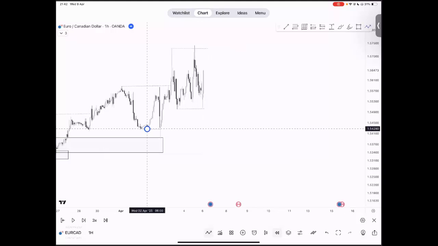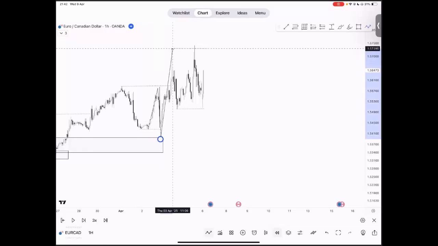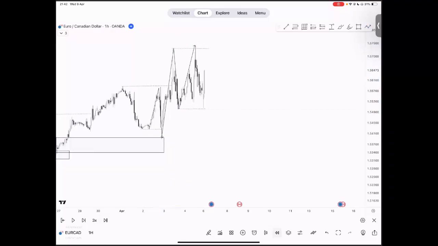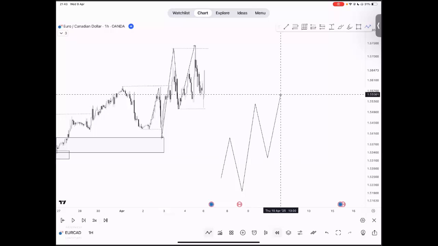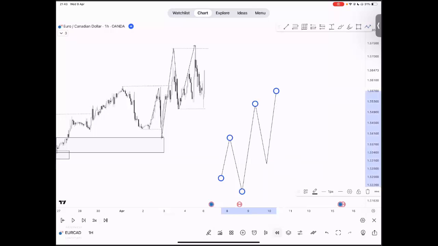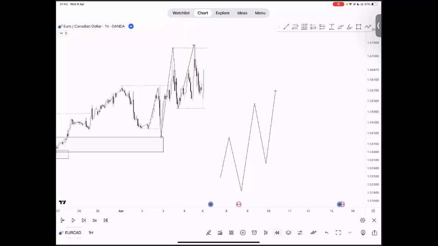Sorry, let me take this out. This is price sweeps liquidity, puts in a high, pulls back, engages, puts in another high. And I told you that entries like this are our type A entries, right?